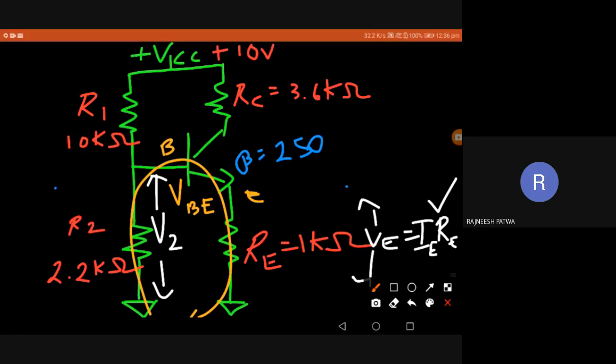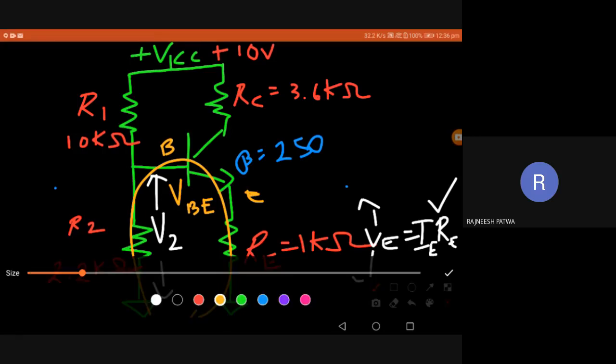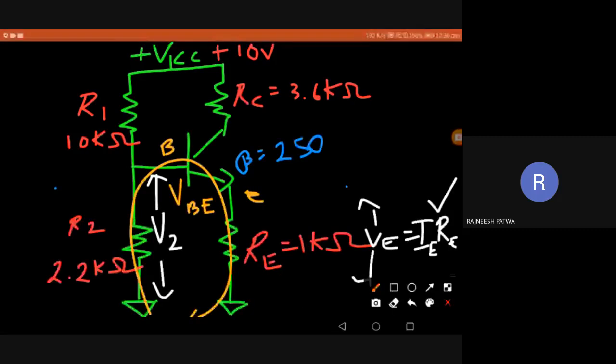So using that, I'm writing this equation: V2 equals VBE plus VE, the voltage at the emitter, VRE. You can say VRE or VE, whatever. VRE, the voltage across resistance RE.